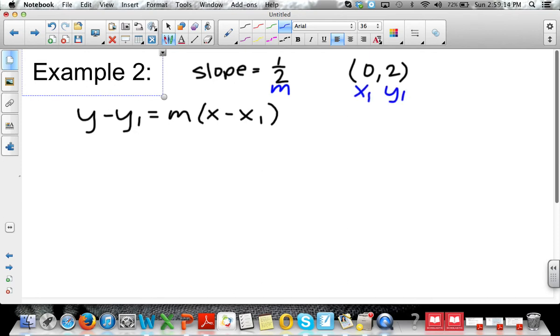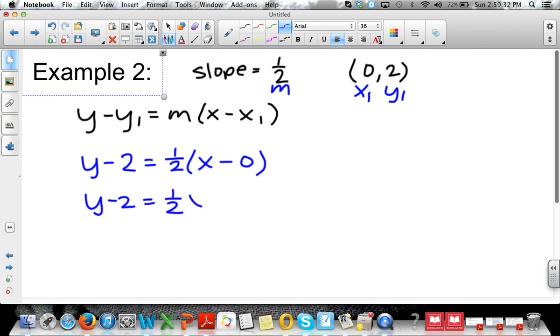So now I'm going to go plug all this stuff in. Minus 0. Okay, so now the only simplifying you could do here is just to get rid of that 0. And it would look like that. You can leave the 0 though also. It makes it still look like slope intercept or point slope form. So it's good to leave that there.